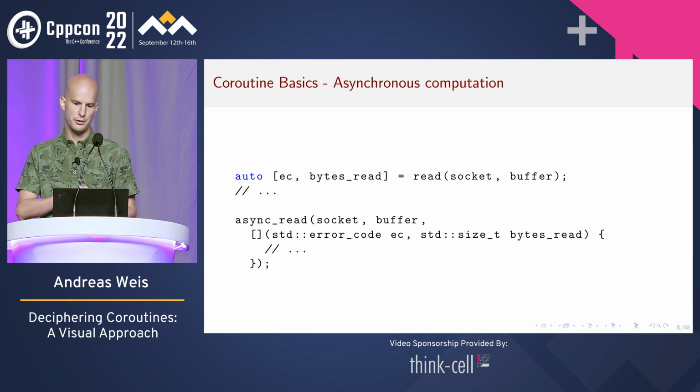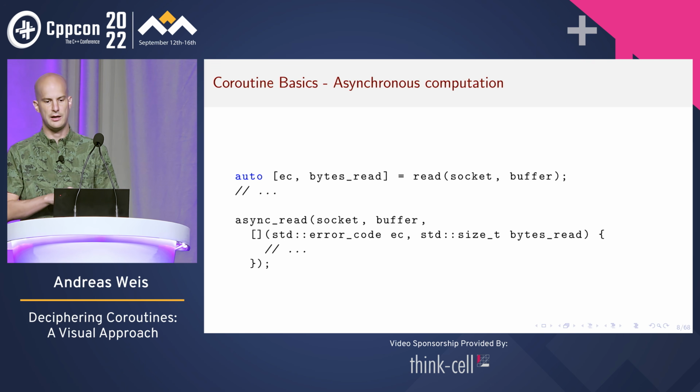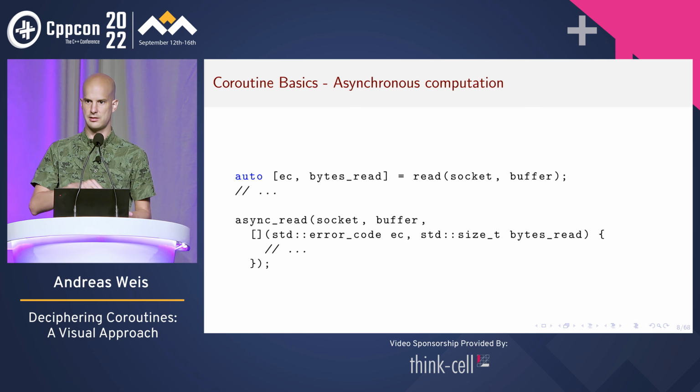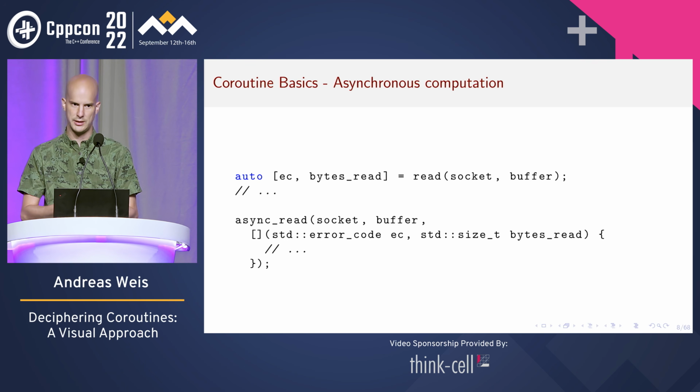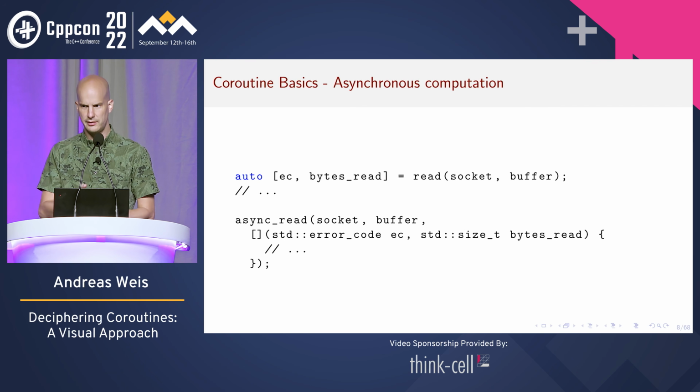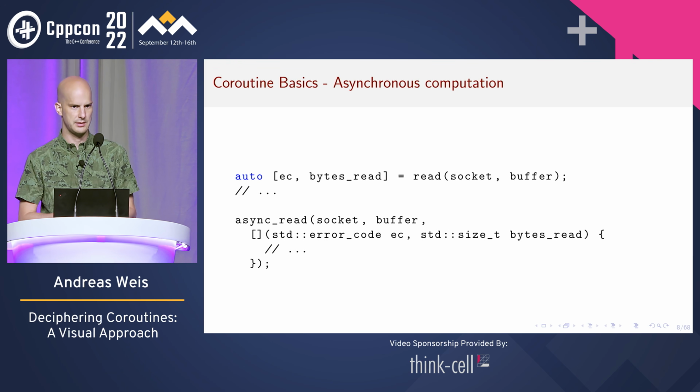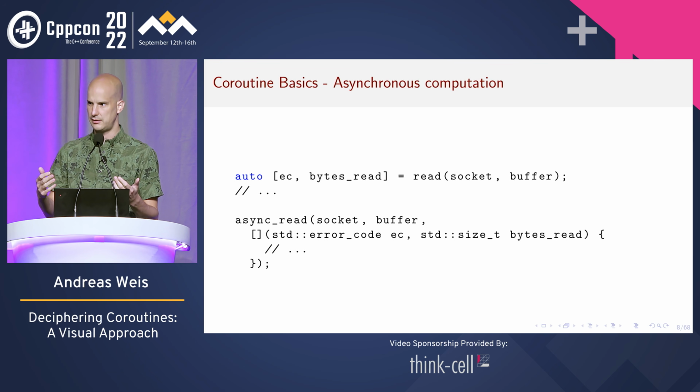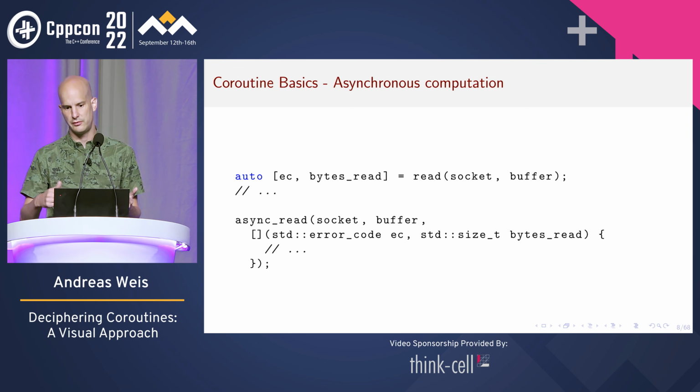What were the return values of the function before now become the parameters to the callback function that is invoked when the read operation completes. And that leads to this weird inversion of control flow, which makes it very hard to work with such asynchronous libraries in the beginning. If you do it long enough, then eventually you get used to it, but there's still some mental overhead compared to the simple blocking code.